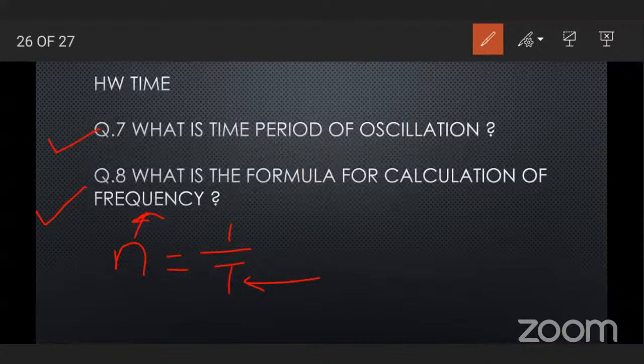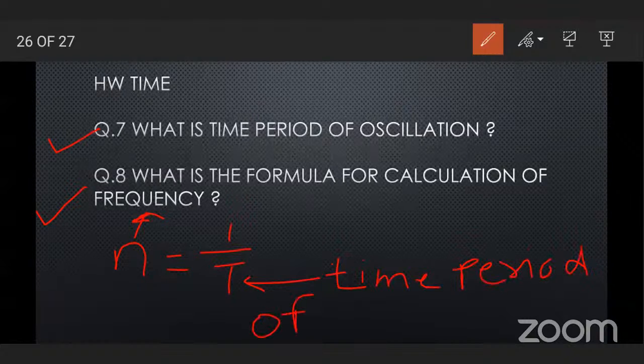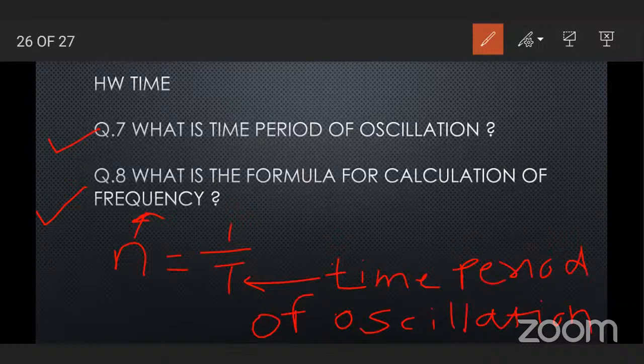T is the time period of oscillation. So the formula for calculation of frequency is 1 upon T. Understood all these things?